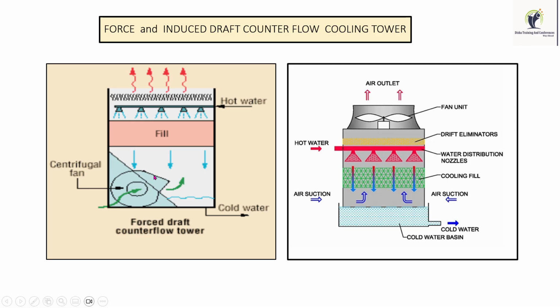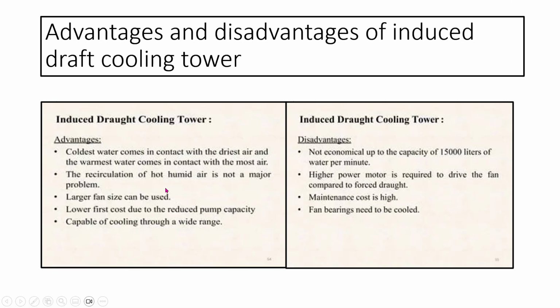Here you see the fan is on the outside, so it is not in direct contact with the water. So maintenance cost will be high, and fan bearing needs to be cooled. Here the fan bearing also needs to be cooled because hot air is going outside.